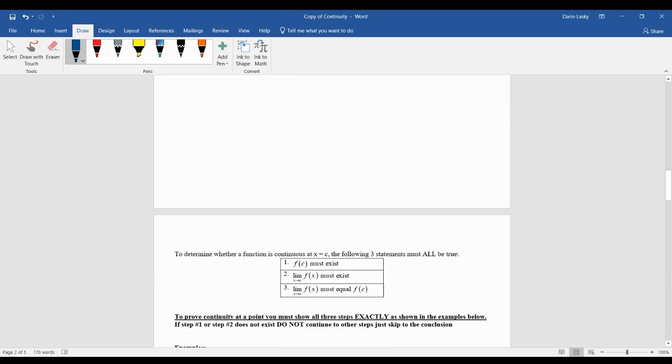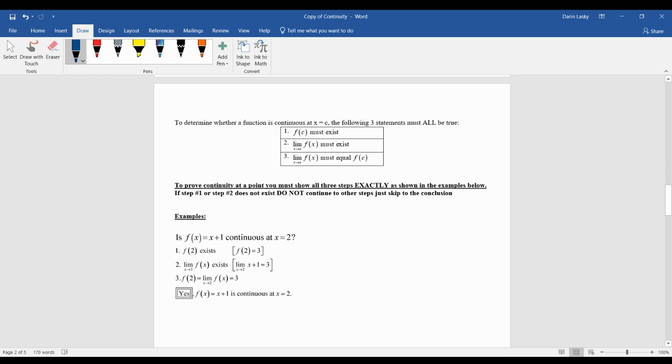Let me move this up. All right, there are 3 conditions, and you just do them in order. Number 1, when you plug in c or plug in x, it must exist. In other words, it must give you a y value. Then, as the limit approaches c, that must exist.